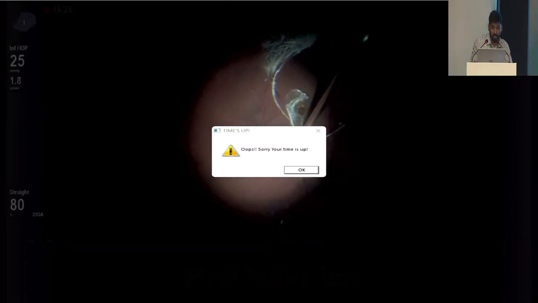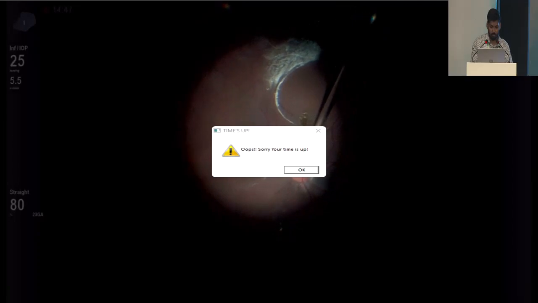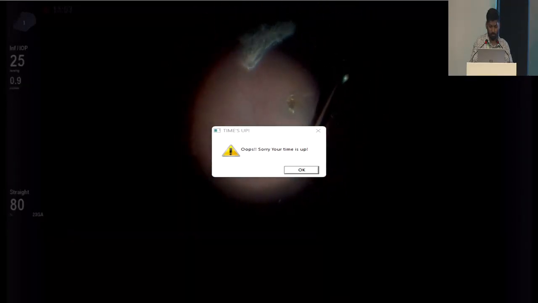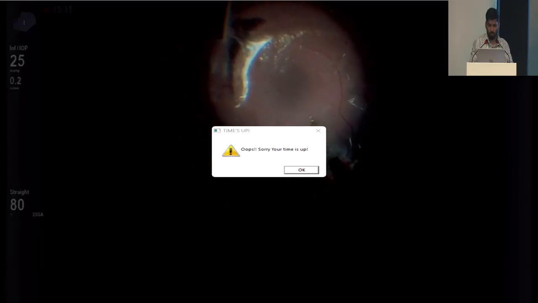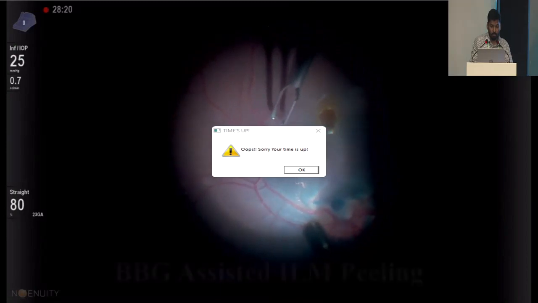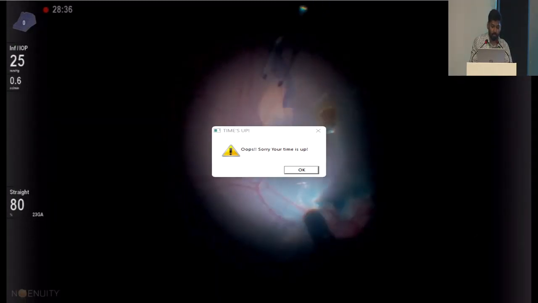A PVD induction is being done. Now we are doing a brilliant blue assisted ILM peeling.